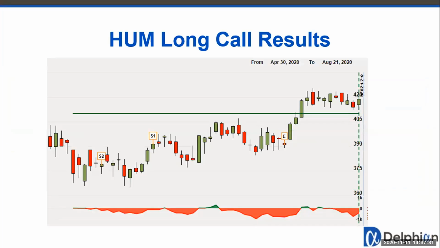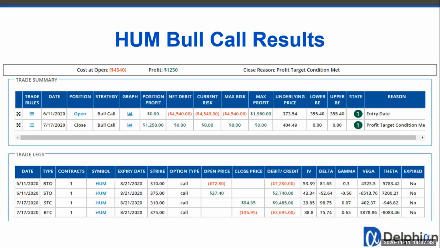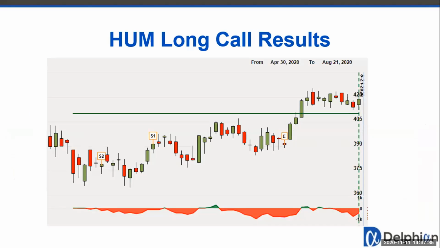So this is the analysis type thing that we do for each trade in our back test. So it gives you, here's your entry and here's your strike. So this is the daily profit loss.